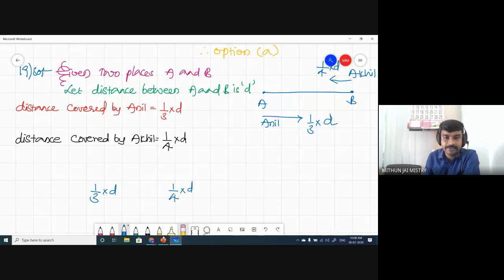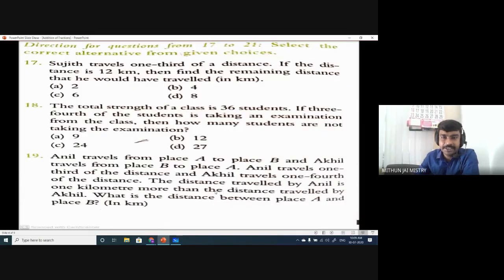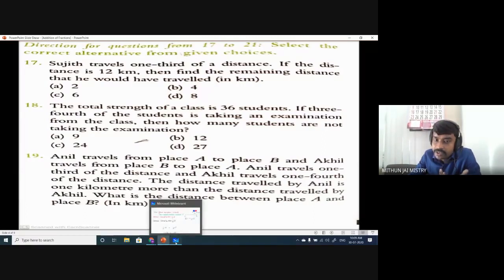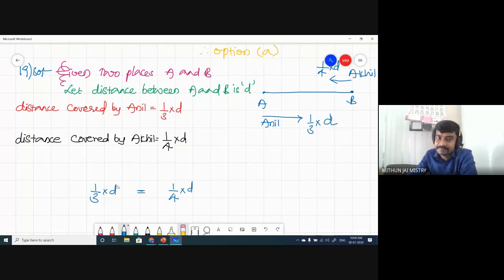Now see, if I want to keep an equals to here, one condition is given. What is the condition? The distance traveled by Anil is 1 kilometer more than the distance traveled by Akhil. So who traveled more? Anil. That means if Anil has traveled 10, Akhil has traveled 9. If Anil has traveled 12 kilometers, then Akhil has traveled 11, because Anil has traveled 1 kilometer more than Akhil.